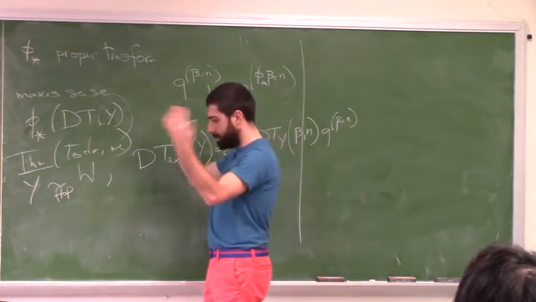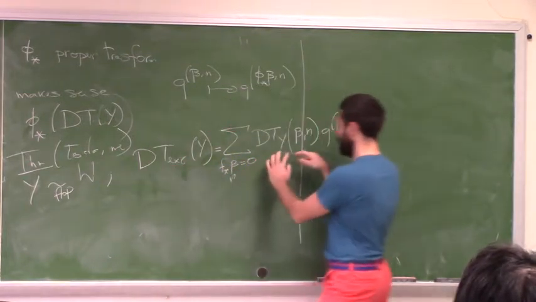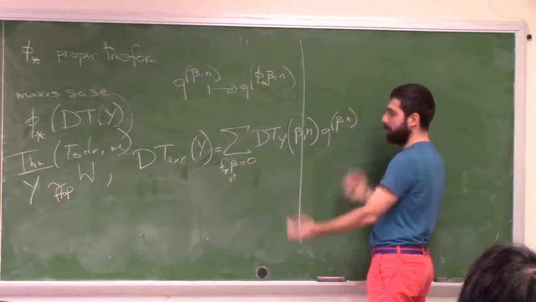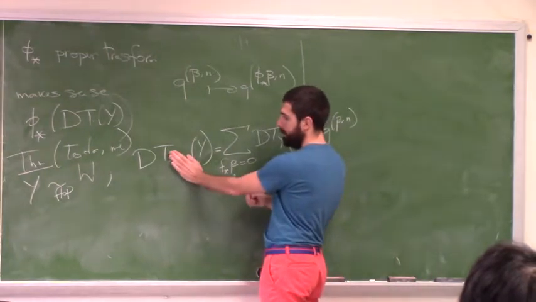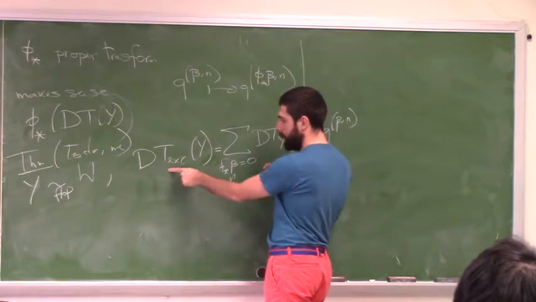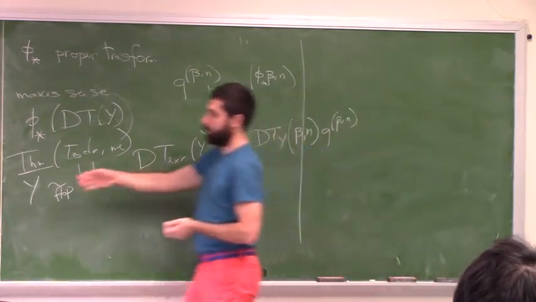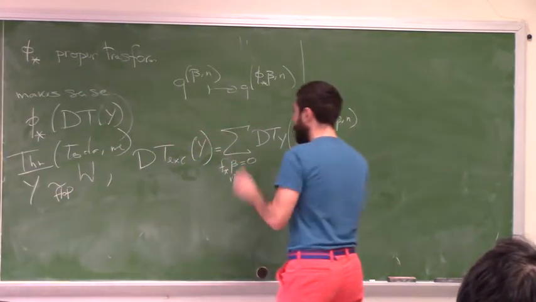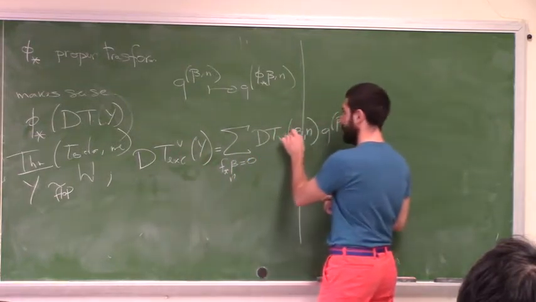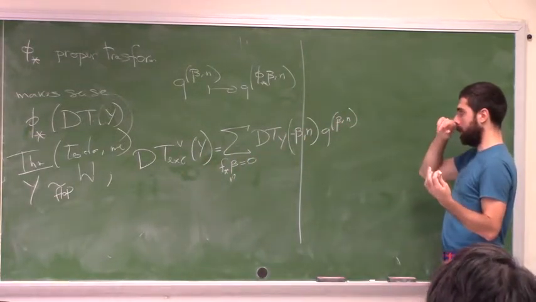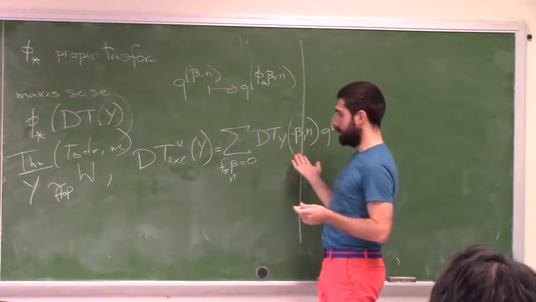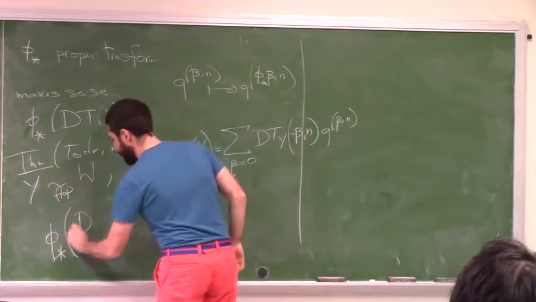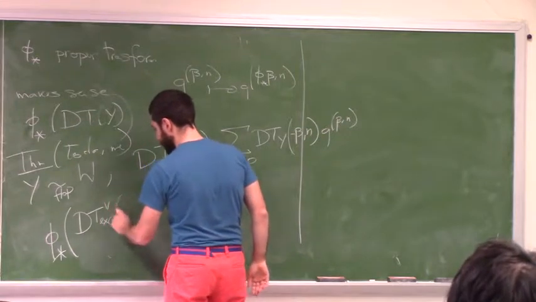Remember, I had these DT invariants, where each individual term is defined in terms of the Euler characteristic of the corresponding Hilbert scheme, and I assembled them all together into this formal series, DT of Y. Now I'm considering only the terms that are contracted by f. So basically, in this case, I would just be considering the curve classes which are multiples of this curve. Now I need to do a funny thing, which is I'll introduce a sign change over here, but this is no problem at all. Okay. So I'll consider this thing, and now the claim is the following: when I take the transform of this product, then I get the same thing on the other side.